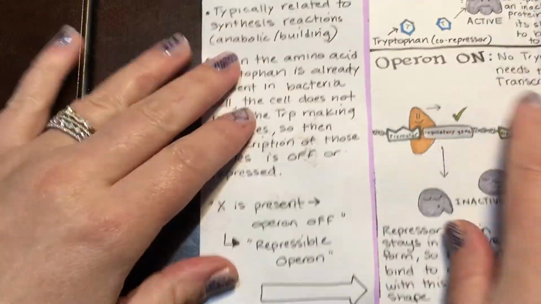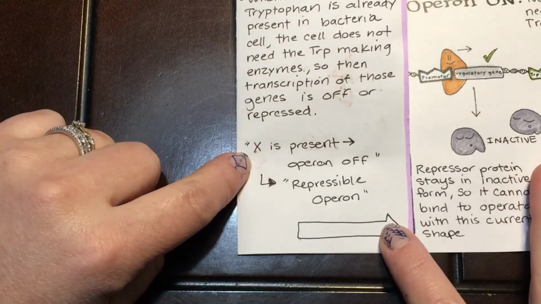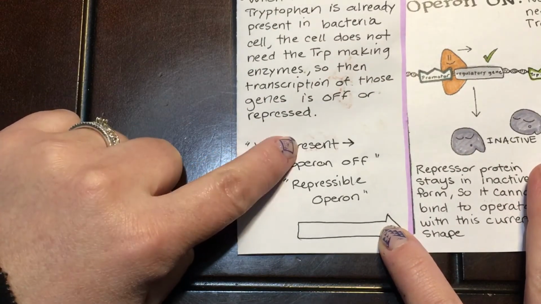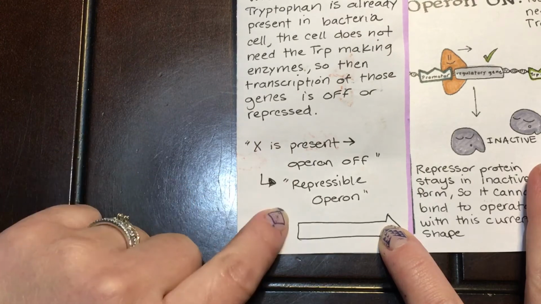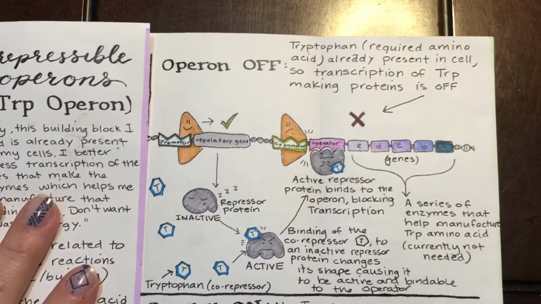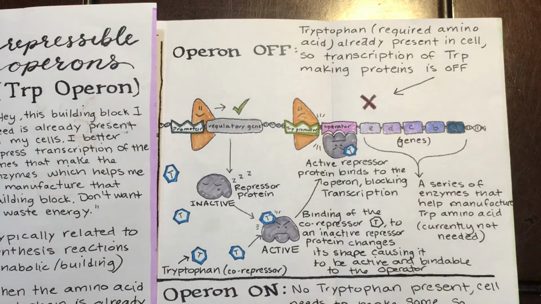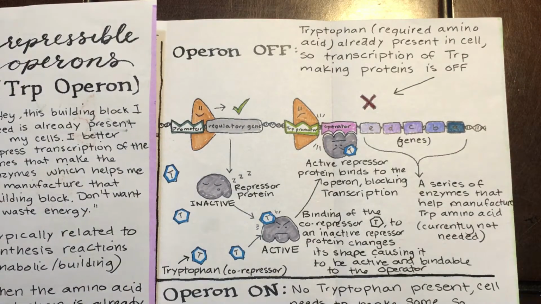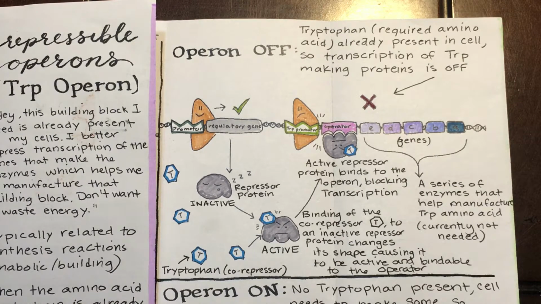Okay? Alternatively, let's start at the bottom here. If your molecule in question X is present and the operon is off, that's going to be the repressible operon, so the opposite situation here. So let's go to the top here for the trp operon. Tryptophan is an amino acid, which is a building block of proteins.